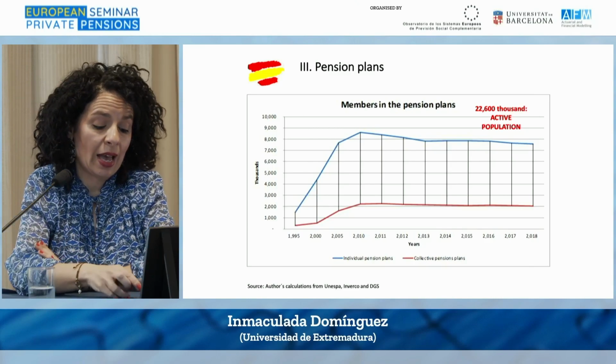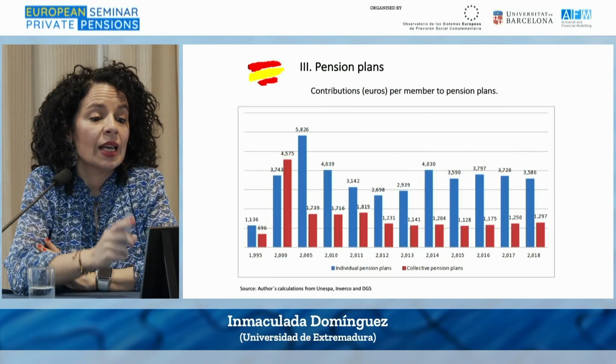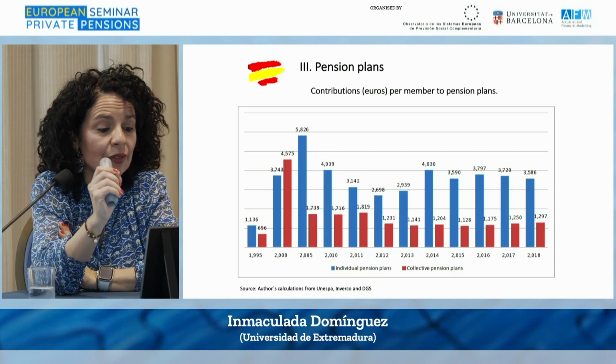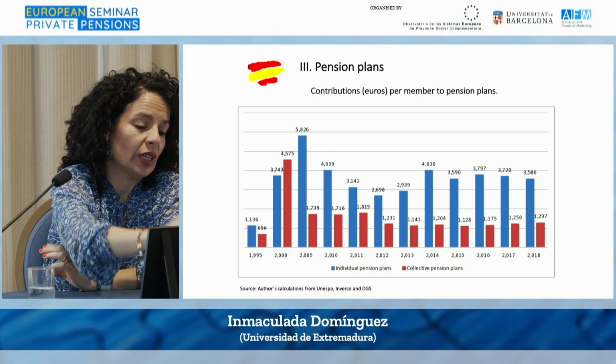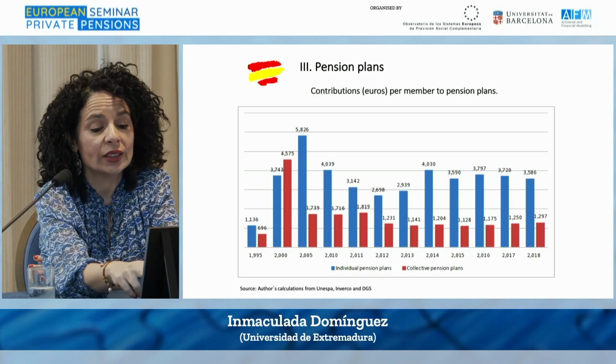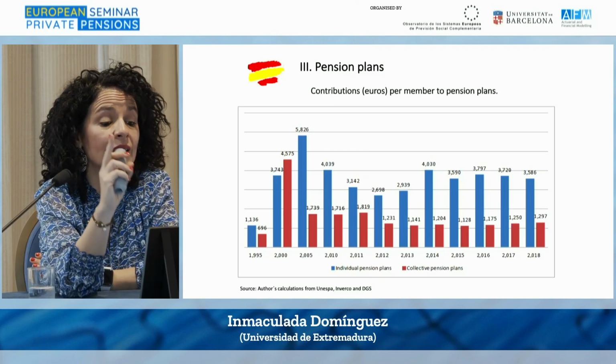And if you see the amount, the contribution, you see the important evolution in 25 for the reason that I told you, and you can see that the blue is the individual and the red is the collective.